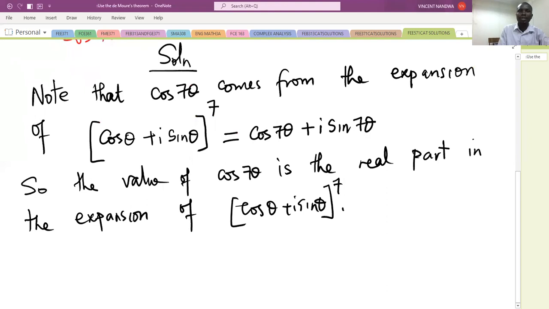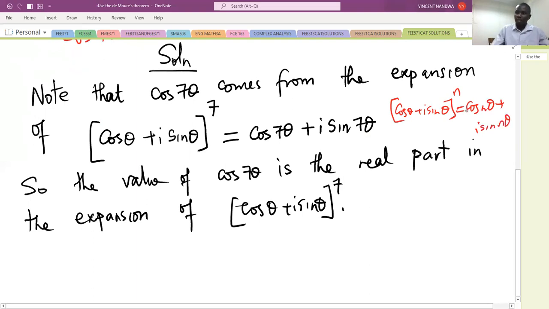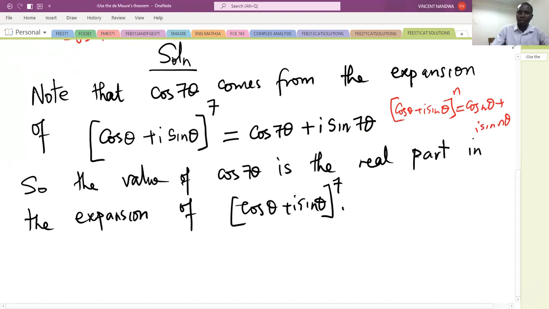Remember, this relationship comes from De Moivre's theorem that cos theta plus I sine theta raised to power n is the same as cos of n theta plus I sine of n theta. So let's get the binomial expansion of this.